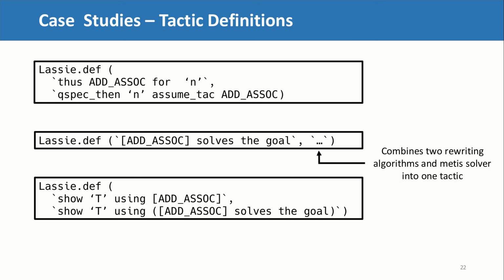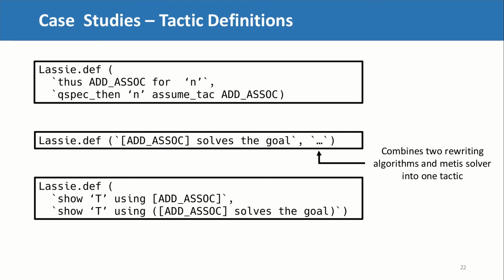For example, show true using add assoc will turn into a general tactic that allows us to prove arbitrary properties by just giving the theorems that are necessary to automatically prove the claim that we want to show, which gives us a nice shorthand description for writing out bigger automated proofs.